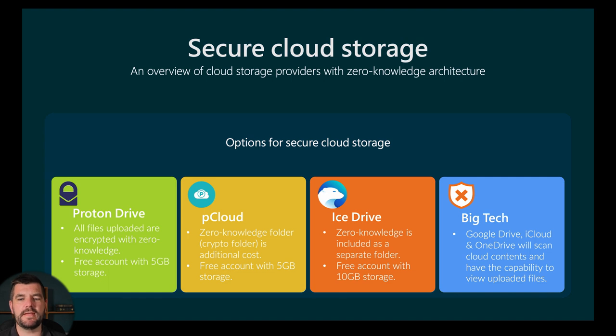What we're trying to avoid here is the big tech companies and their cloud storages. So Google Drive, iCloud and OneDrive will scan your cloud contents and have the capability to view uploaded files. Now for most of us, that's not really a concern, but we do want to keep in mind that governments can and do get subpoenaed on a regular basis, as we've seen earlier, to request information from people.